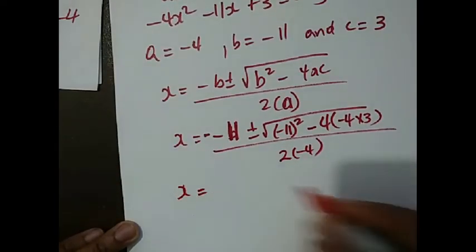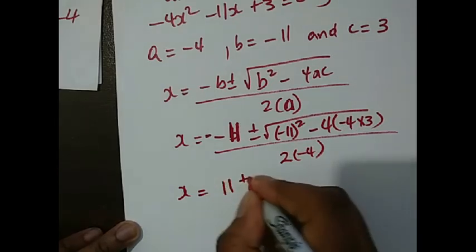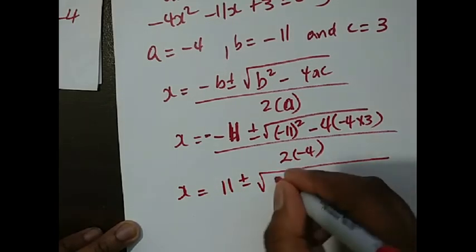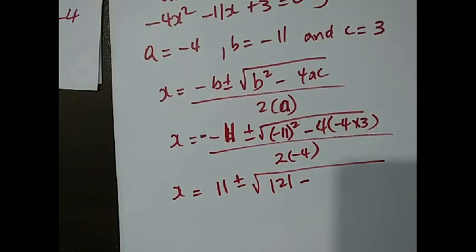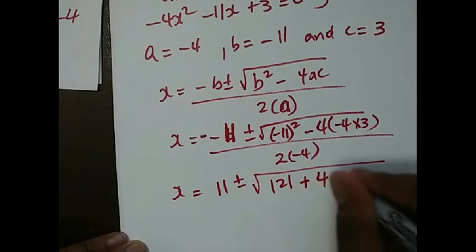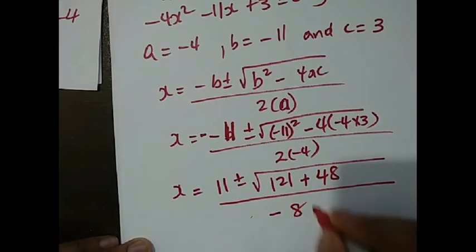So let me write it cleaner. x is equal to 11 plus and minus the square root of 121 minus negative 12 times 4, which gives us positive 48, all over negative 8.